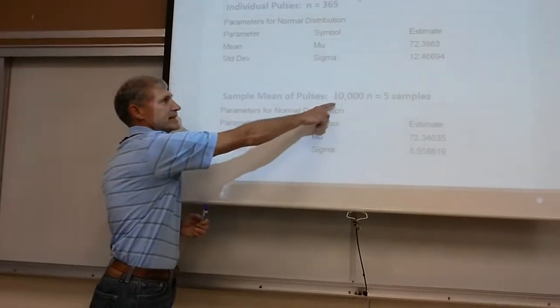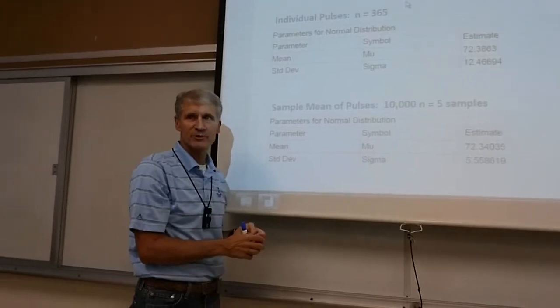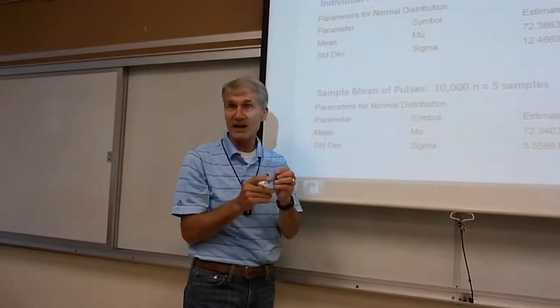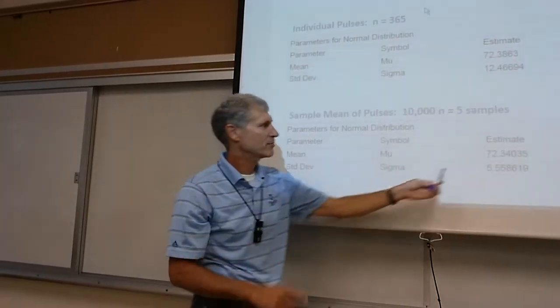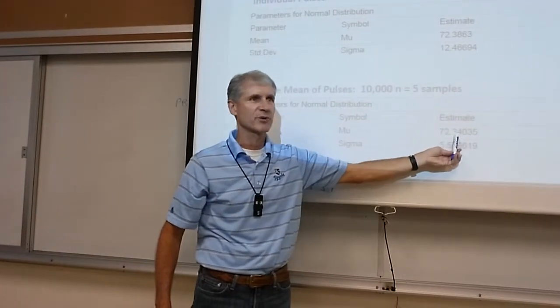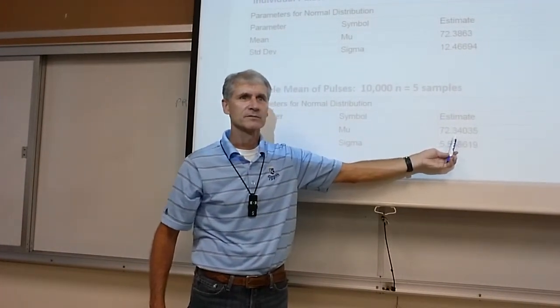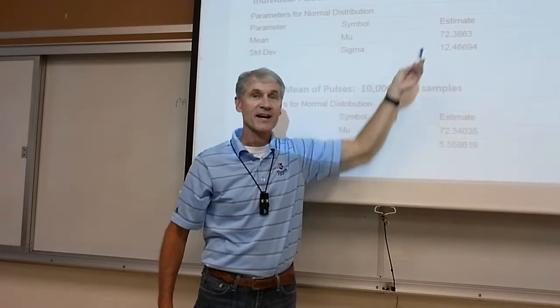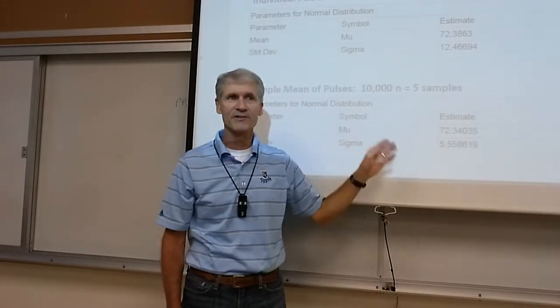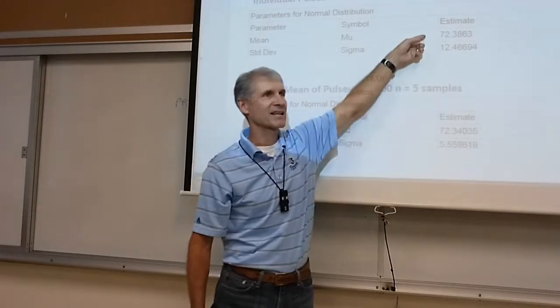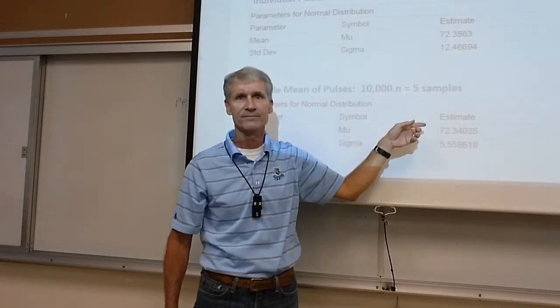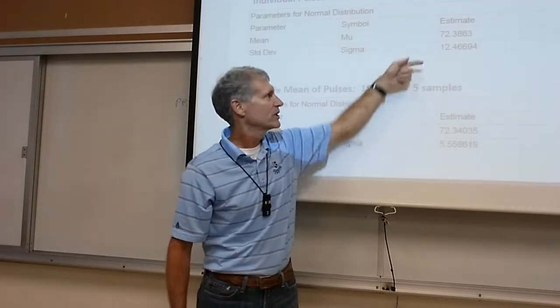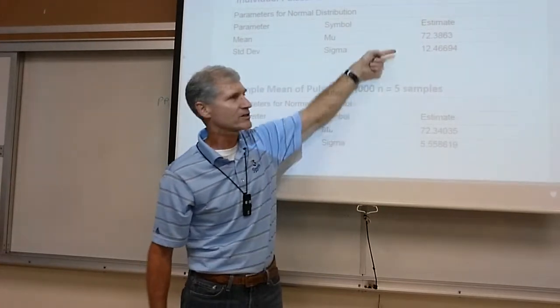Now, when I look at the 10,000 random samples, I computed 10,000 different values of x bar. Look at the mean of all 10,000 of those x bars. What do you notice? Very close. If I had the time and did all 52 billion, they'd be exactly the same. Right? Be exactly the same. What do you notice about the standard deviations?